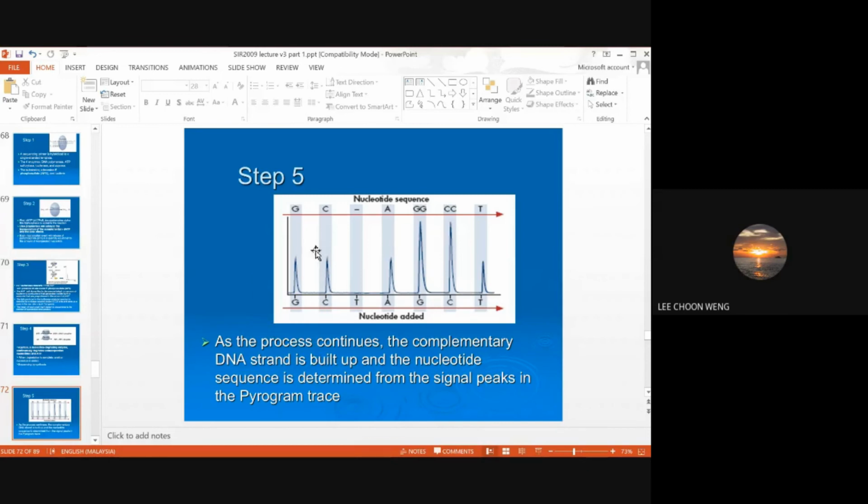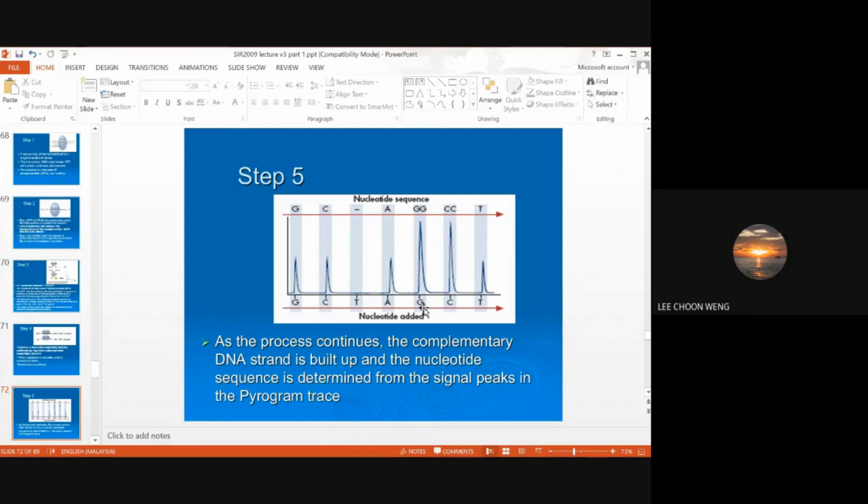Even for every run you have to degrade all the enzymes, all the nucleotides that you added. That's why the cost of pyro sequencing is relatively high compared to the other platforms that we have now.